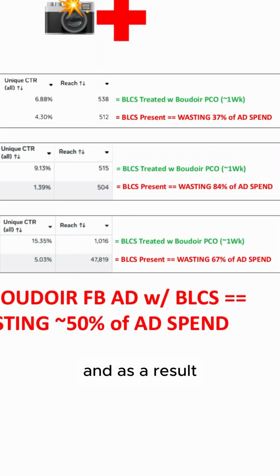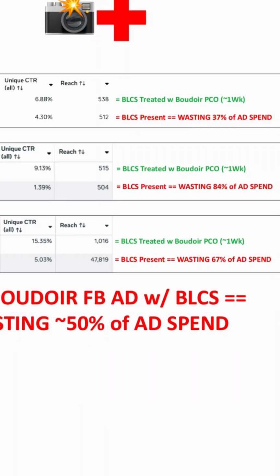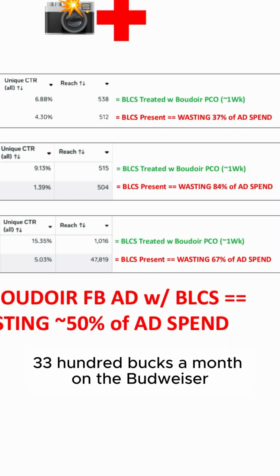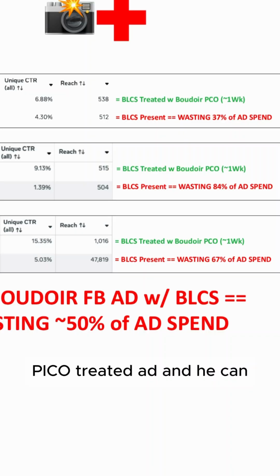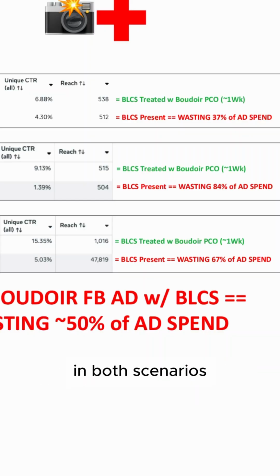And as a result, if you spend 10 grand a month on the original boudoir Facebook ad, then now he only has to spend 3,300 bucks a month on the boudoir Pico treated ad, and he gets the ad into the same number of women's brains in both scenarios.